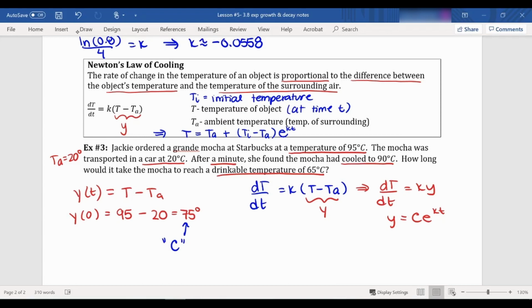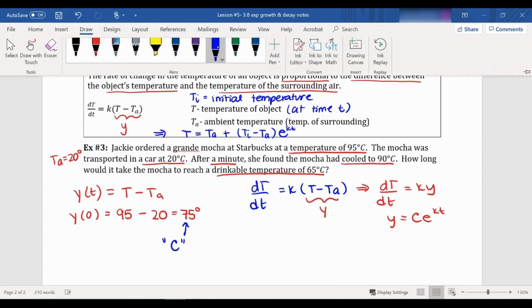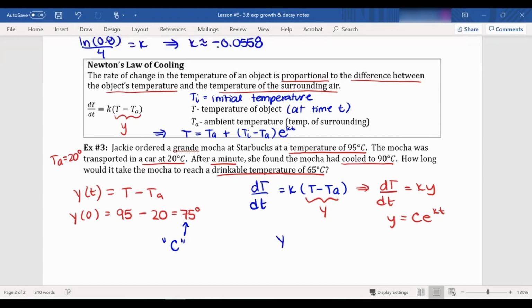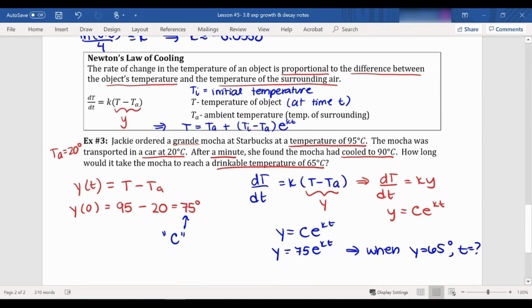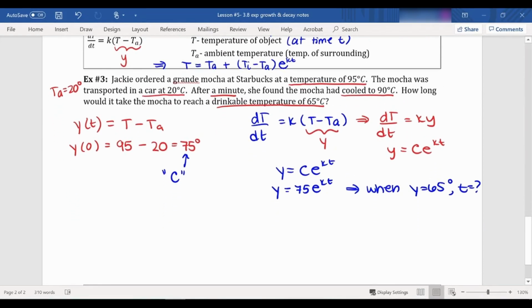Okay. So if I rewrite my y equals c e to the kt, I now have y equals 75 e to the kt. And I want to know, when y is 65, what is t, little t? That's what I'm trying to find out. Now, I don't know k, but I do know another piece of information.